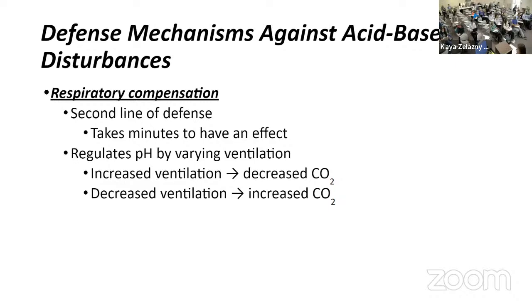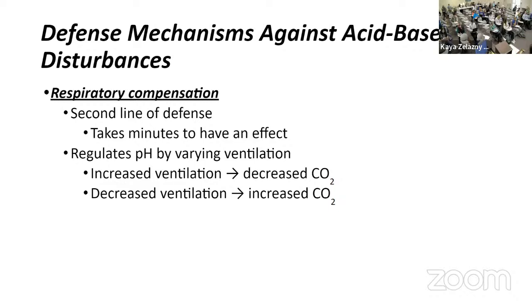Okay, so if you increase your ventilation, so if you breathe faster, so more breaths per minute, this is going to decrease CO2, so decrease the partial pressure of CO2 in your plasma because you're breathing out more often. That's how you want to think of it. So if you increase ventilation, you're breathing off lots of CO2.